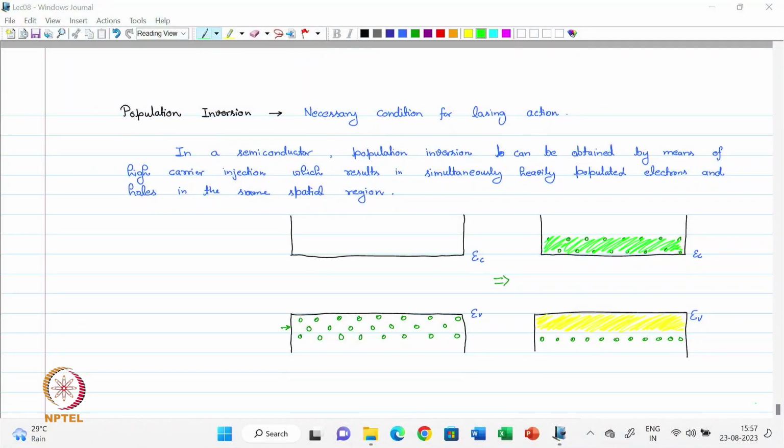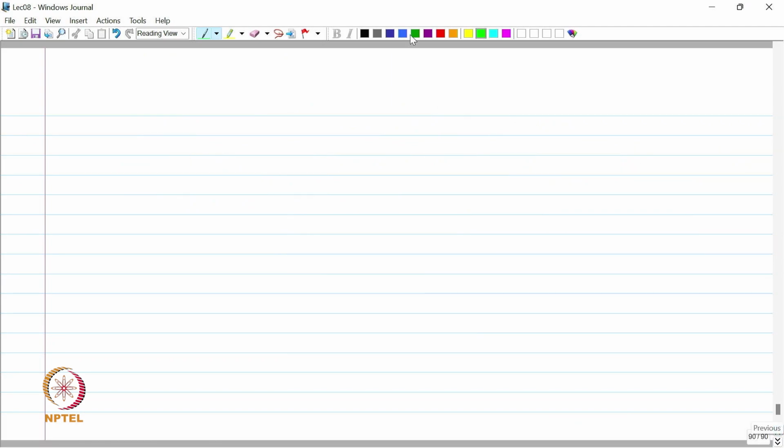Now the incident photon, which is coming from the left, with energy h nu, this is the energy of photon.